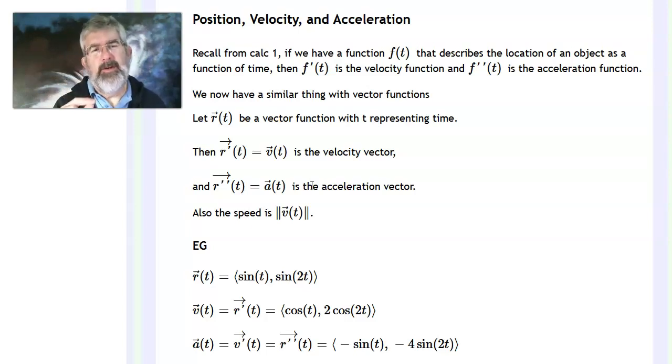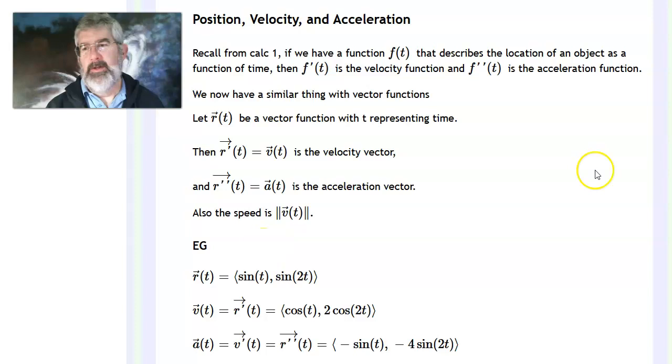When we're doing it with one variable, the velocity, you had a plus or a minus. So you're either moving this way or you're moving that way, right? But now you could be moving in any direction, and the velocity vector will be pointing in the direction that you're moving. And it turns out that the length of the velocity vector is what we call the speed. So the velocity tells you information about direction of motion and how fast you're moving.